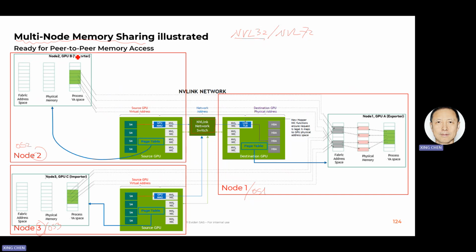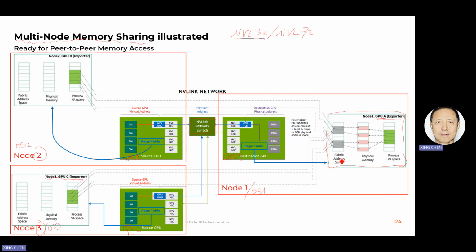Okay, this is the page table of node 2, of this GPU. This GPU is GPU-B, and this one is GPU-C, and this is the page table for GPU C. And here you have the page table for GPU A. Everything in this square is the page table.